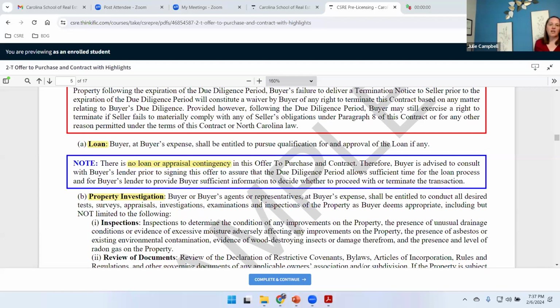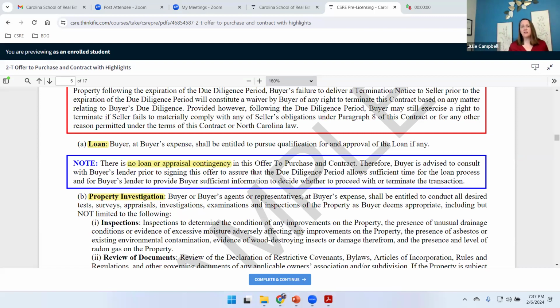And the lender should be able to let the buyer know if this is looking good or not. If it's not looking good, the buyer would want to consider terminating while we're still in due diligence. If the lender says everything's fine, I just need a couple more documents, then we got this pretty good idea.